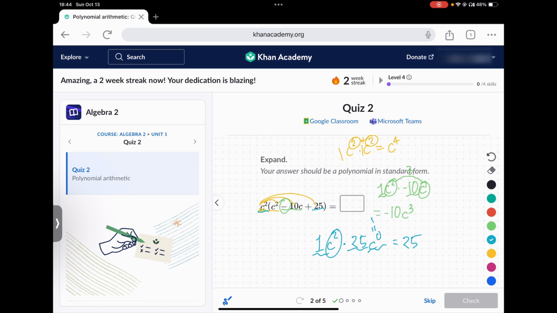And these two unknown quantities, c squared times c to the power of 0, if you add the two exponents up, it's going to be 2. So it's going to be 25c squared. So if you add these 3 up, the answer will be c to the power of 4 minus 10c cubed plus 25c squared.